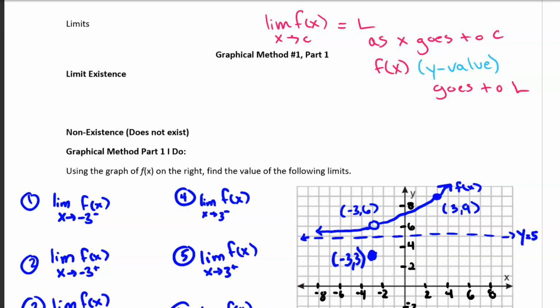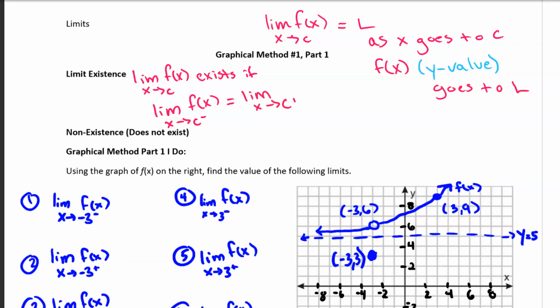All right, but limit existence says the limit as x approaches c of f of x exists only if the limit from the left equals the limit from the right.